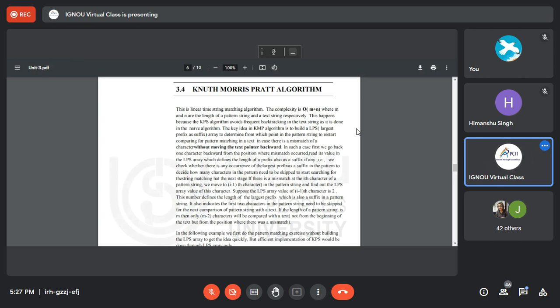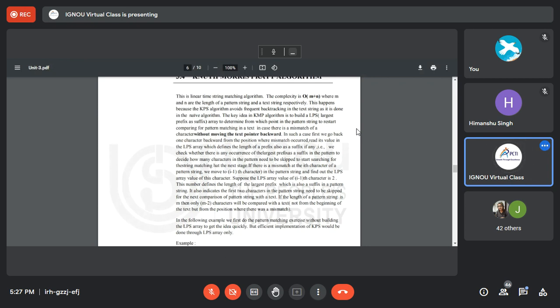This happens because KMP avoids frequent backtracking in the text string, as is done in the naive algorithm. The key idea for the KMP algorithm is to build the LPS, that means longest prefix which is also a suffix.